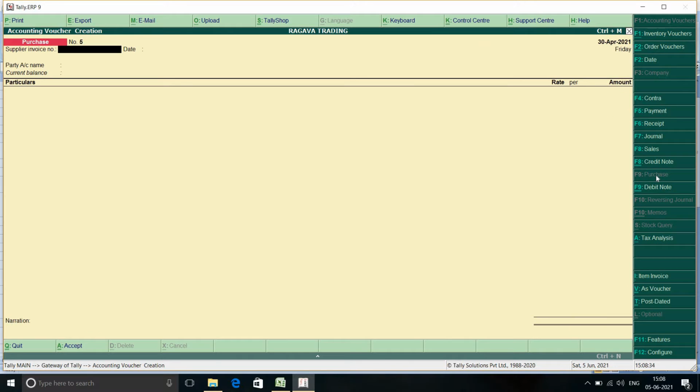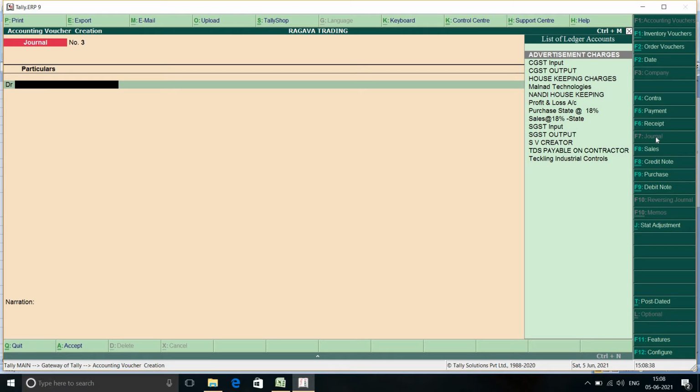Here also we have to deduct TDS. I am passing the journal for 31,000. Here 1% TDS I am deducting, as SV Creator is a sole trading company, a proprietorship company.